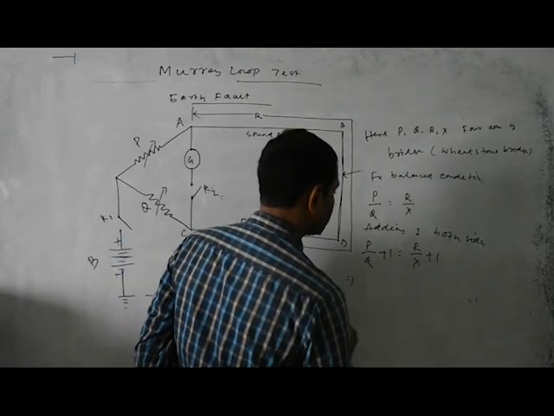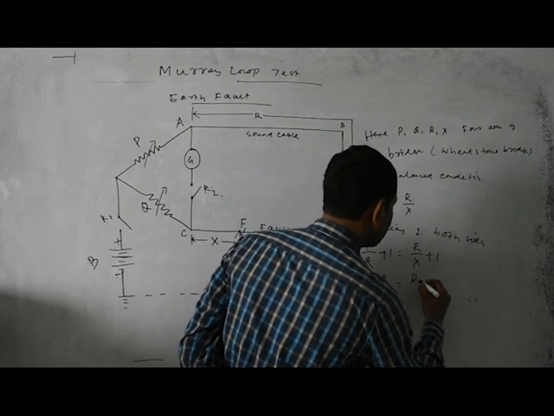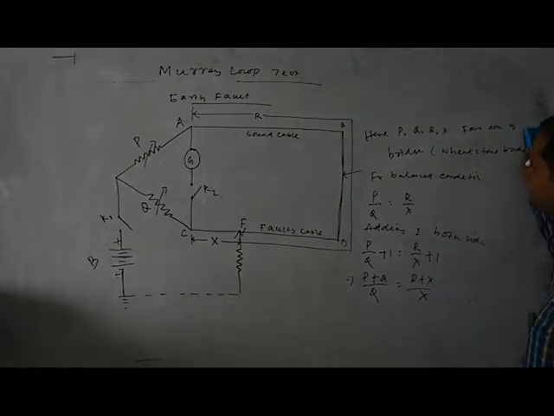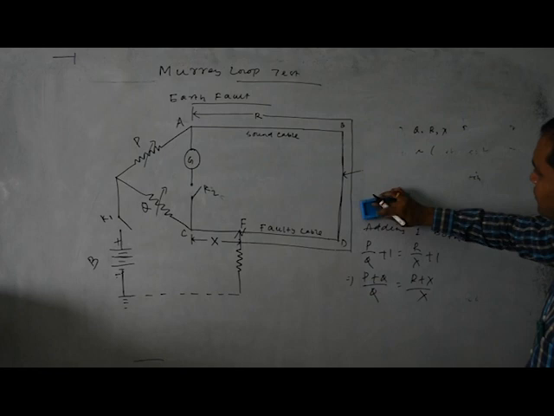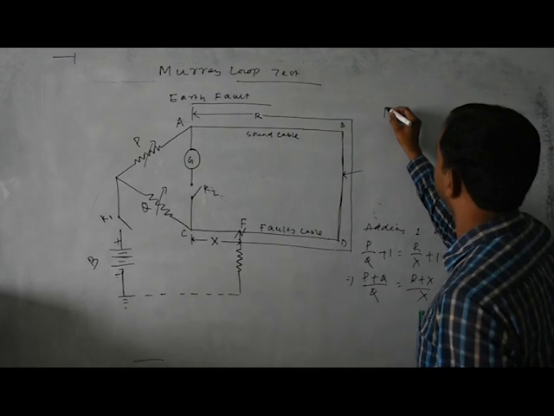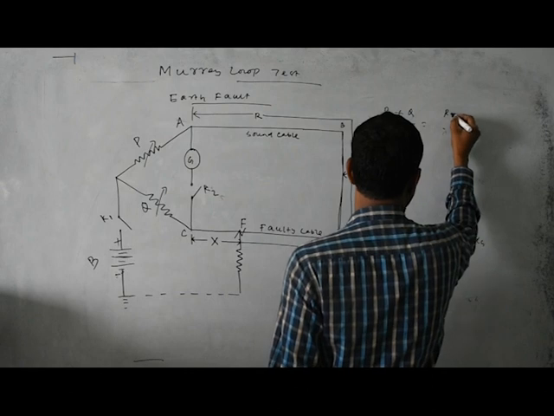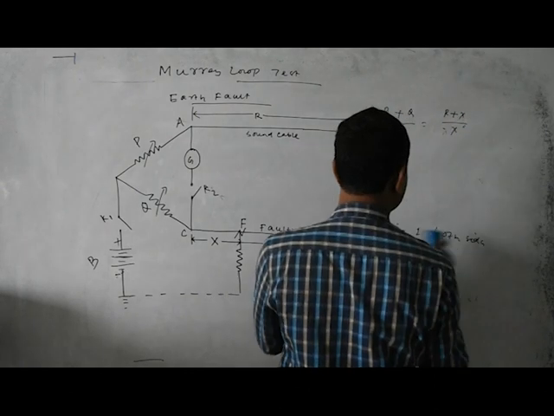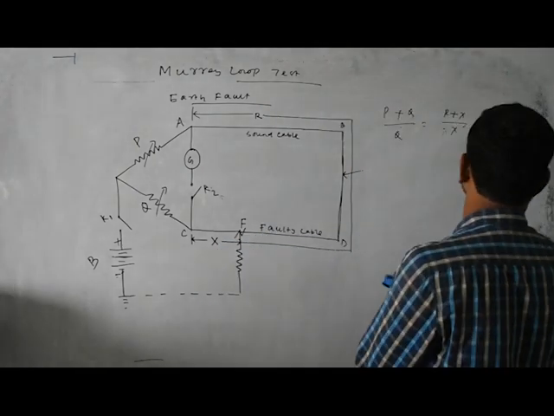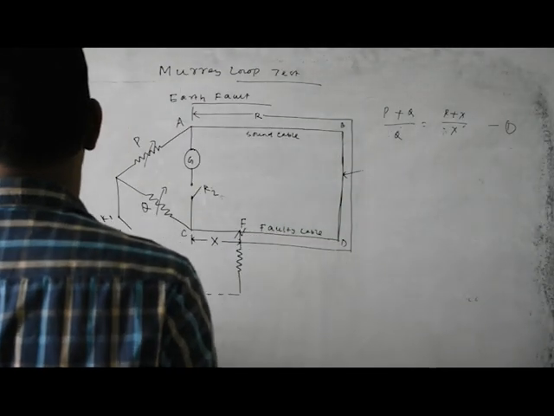So (P plus Q) by Q equals (R plus X) by X. We take this as equation 1.